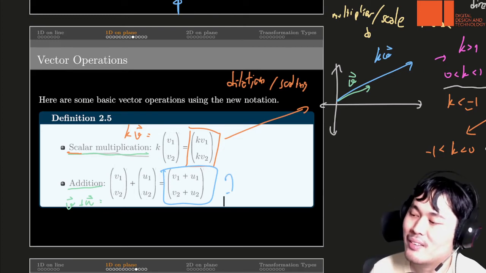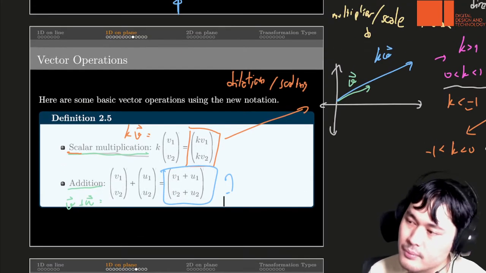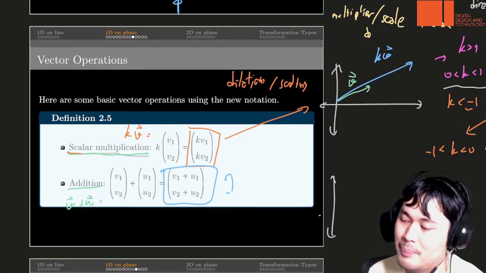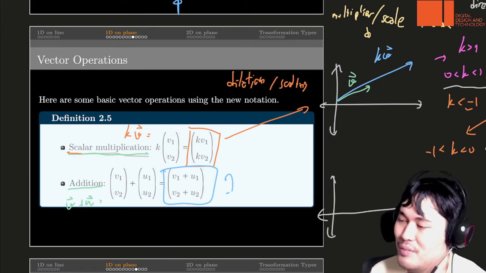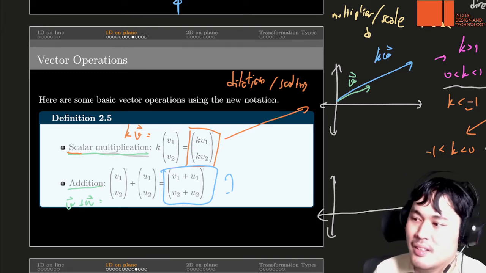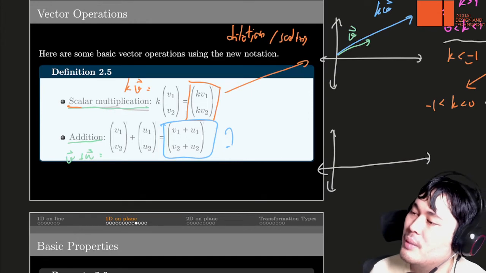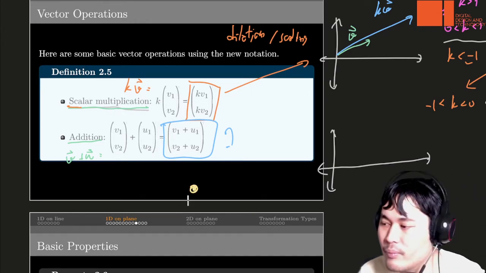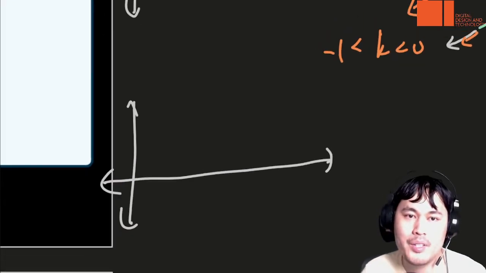A better question is what it does. Why do we add vectors together? This is the place where the physics point of view is helpful. So imagine that you have an object. Let's say there's a ball, or maybe we do it this way.